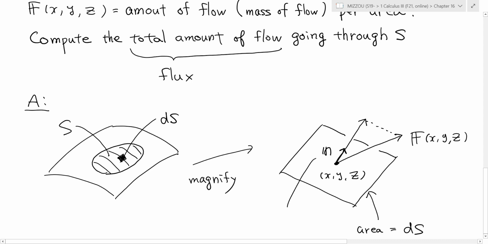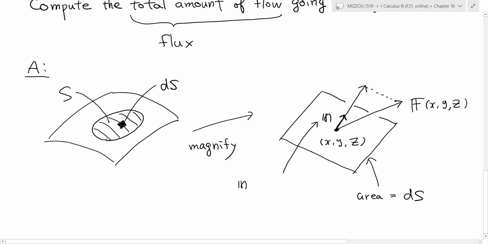So here, n is the normal vector to the patch with magnitude 1. We choose a unit normal vector. Let's say n is a unit normal vector. Remember, unit vector means vector with magnitude 1.